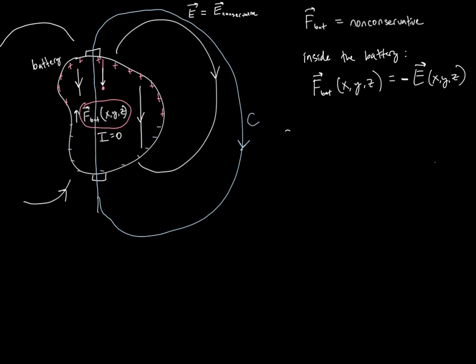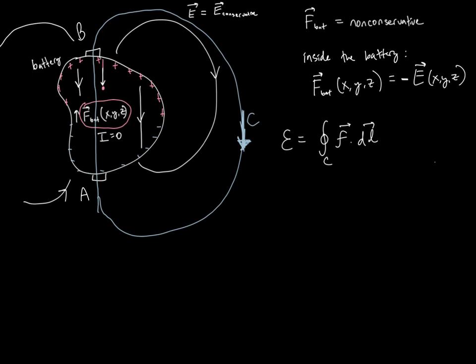And we recall that EMF is equal to the line integral of f dot dl around our closed path C. Our positive reference direction for path C is shown by this arrow. It's useful to label the anode and cathode of this battery. Let's label the anode A and the cathode B.